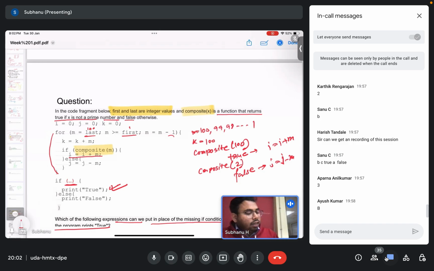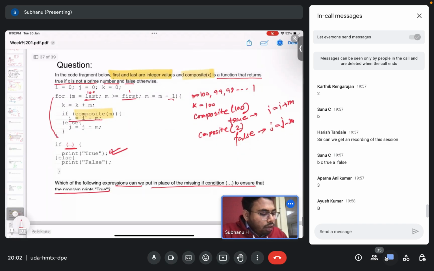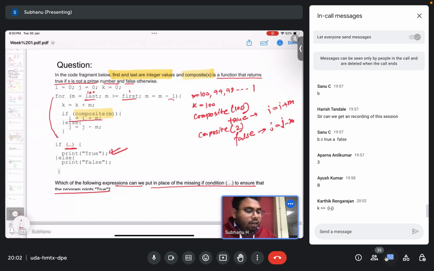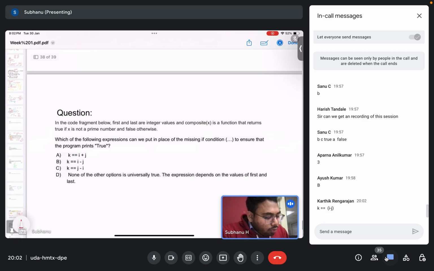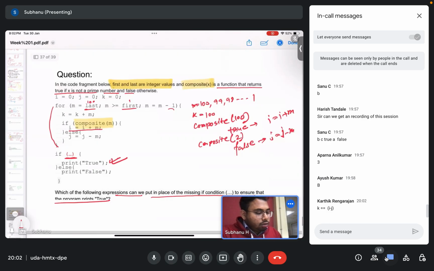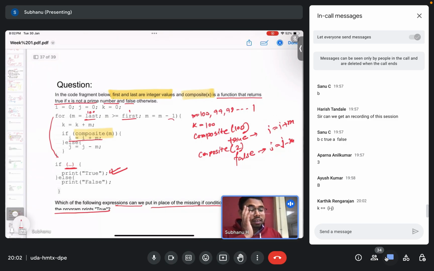You can see that for each and every iteration, what is being checked is in terms of k. How is this k value changing? In every iteration, the increase in k is matched by an increase in i or a decrease in j.